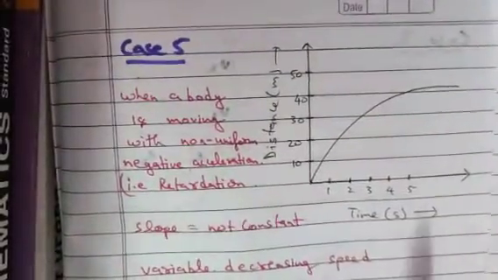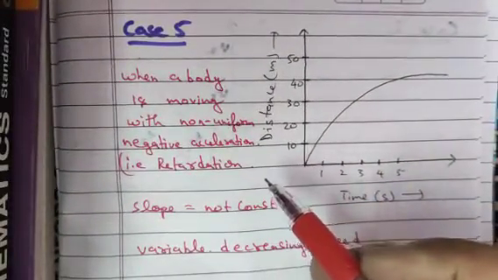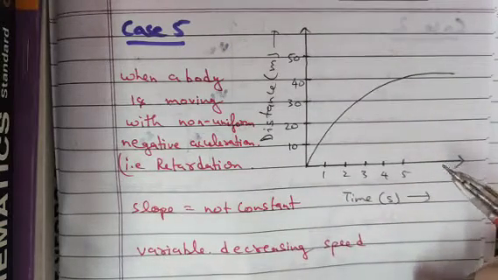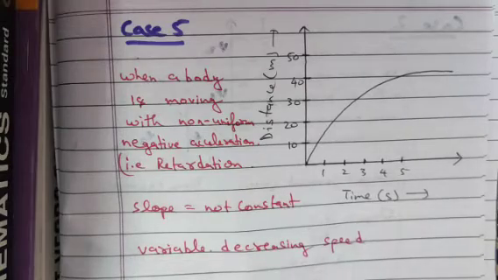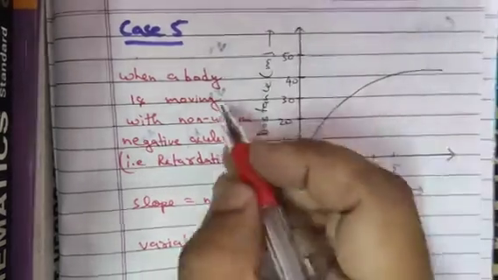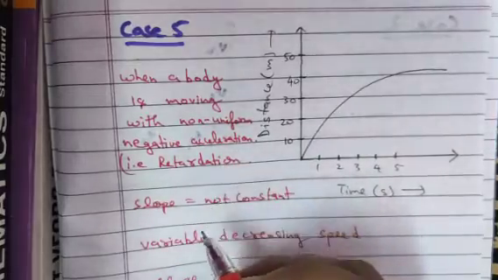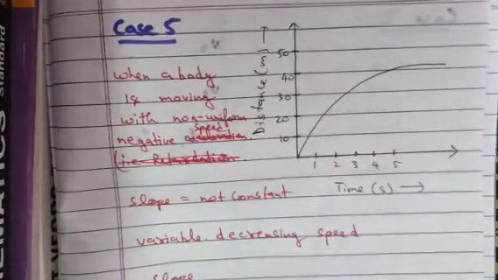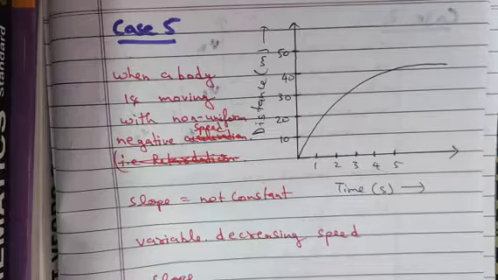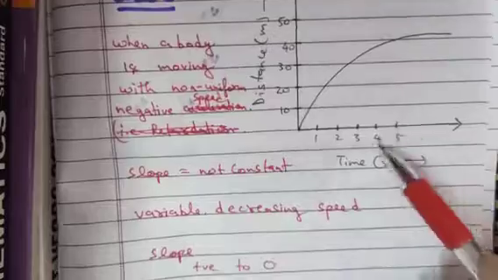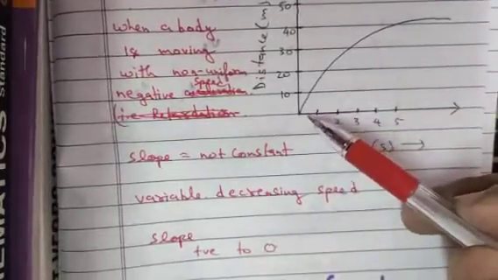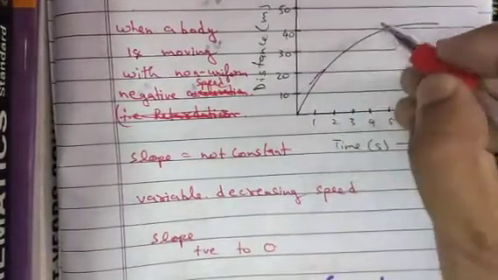Now the next case, case 5, in which a body is moving with a non-uniform negative speed. So the slope is not constant, the slope is variable, and it will be from positive to 0.